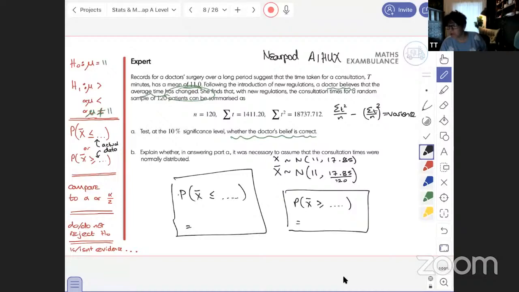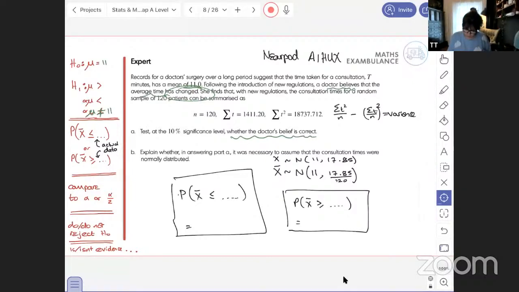Most people have chosen what they're going to find, like this number here. This number here is the actual data. So what really happened when he did the 120 and measured the mean time taken, what was the actual mean for that 120? That's what goes there. Now, what mean were we expecting? We were expecting 11.